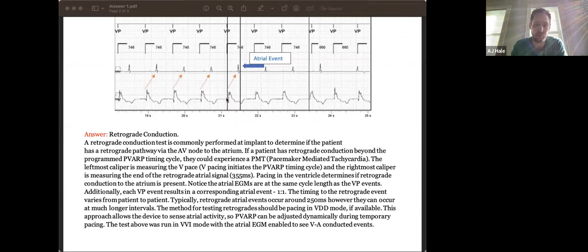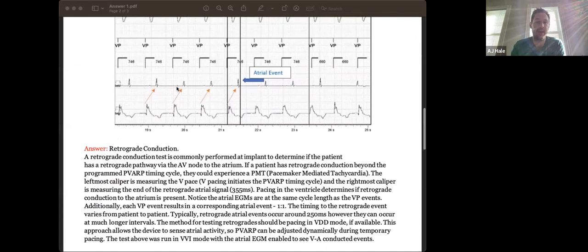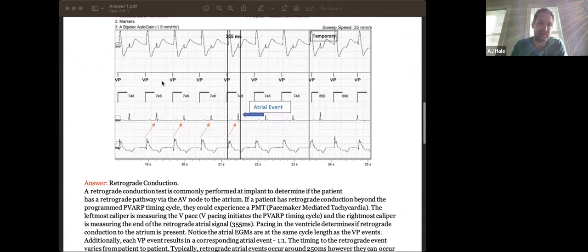But basically what it's trying to understand is, is there one-to-one conduction? So if you had a consistent atrial rate here that marched out regardless of what rate you pace the ventricles. If the atrial rate doesn't change when you either speed up or slow down the ventricular pacing, that means they're probably not related.